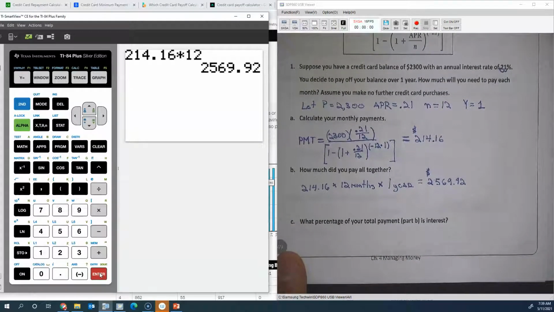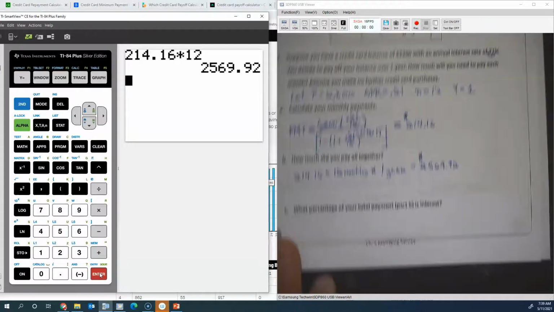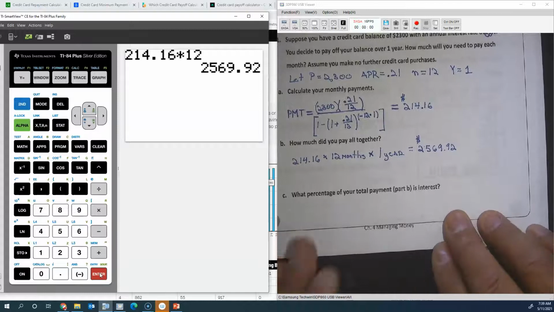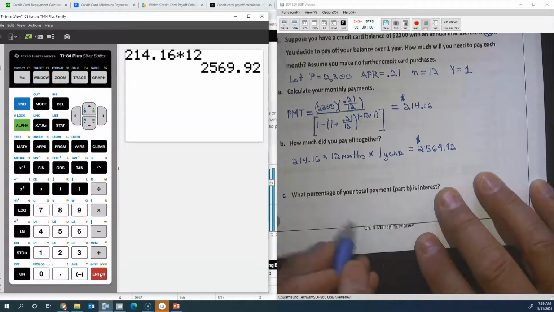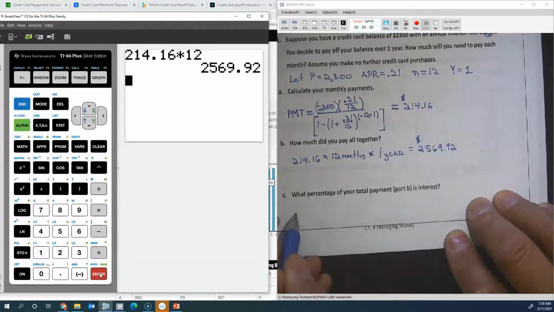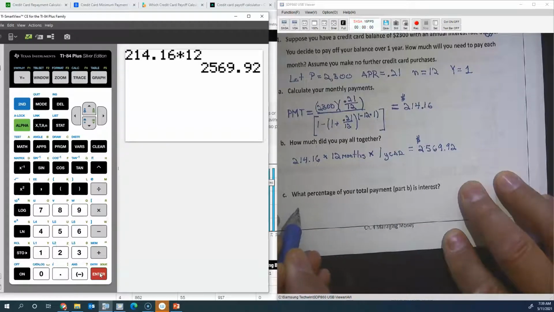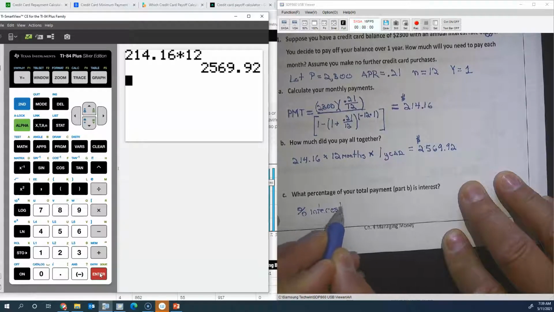Now, to get the amount of interest, find the percent of your payment that is interest.